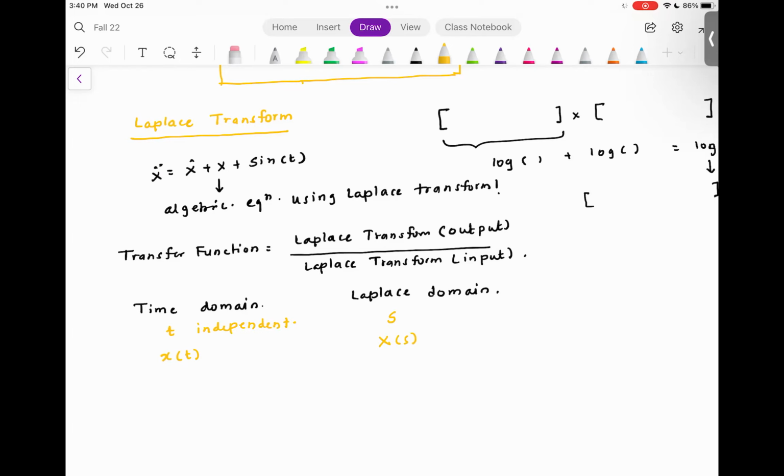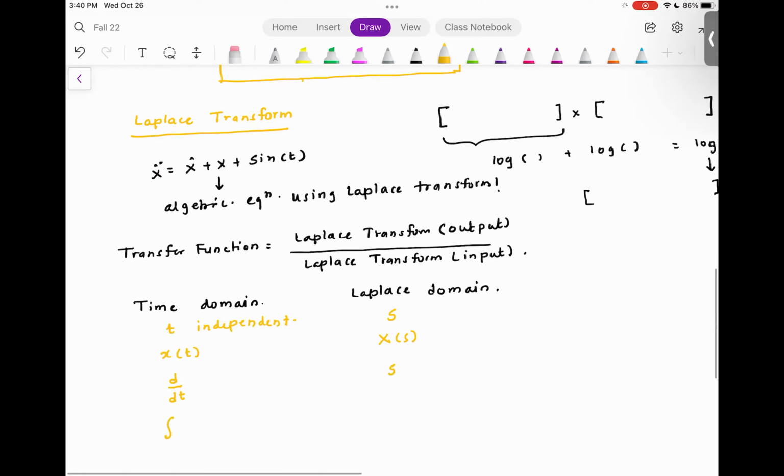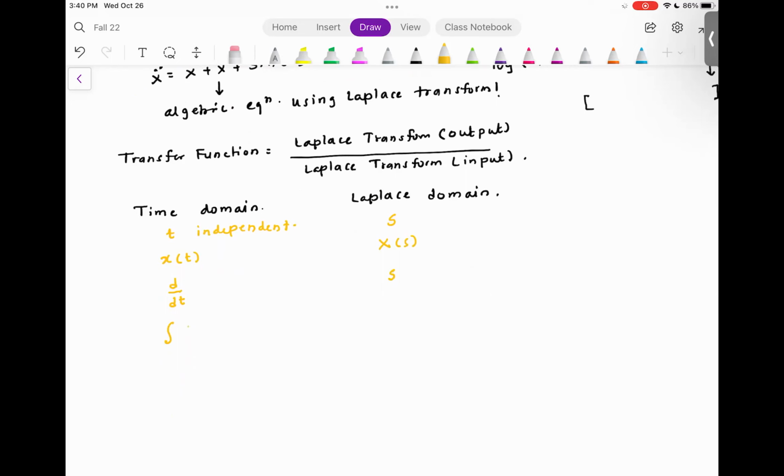The only thing that I want you to remember, and which is super important, is if I have a derivative, for example d by dt, in Laplace that is going to be s. If I have an integral, that is going to be 1 over s. What that means is, if I have x dot, which is equal to dx by dt, please note this is d by dt x.